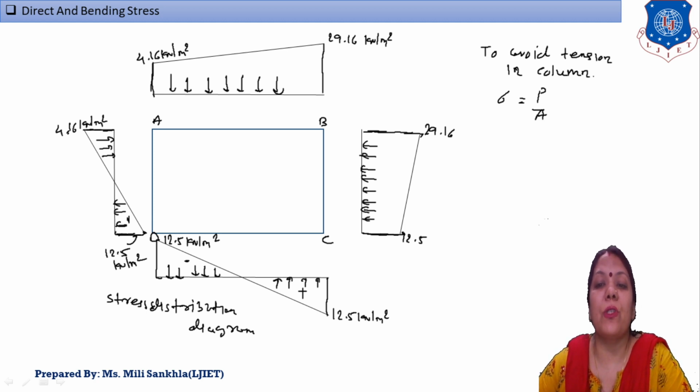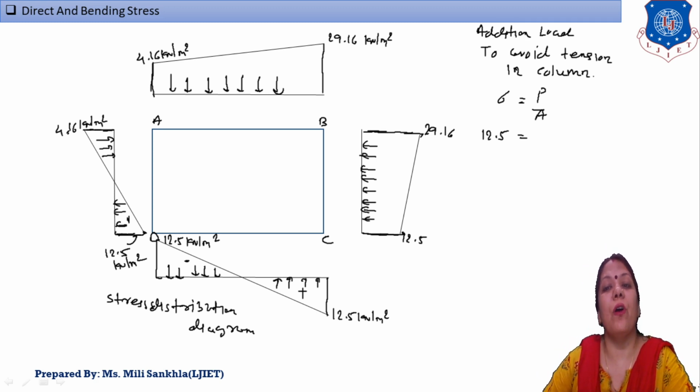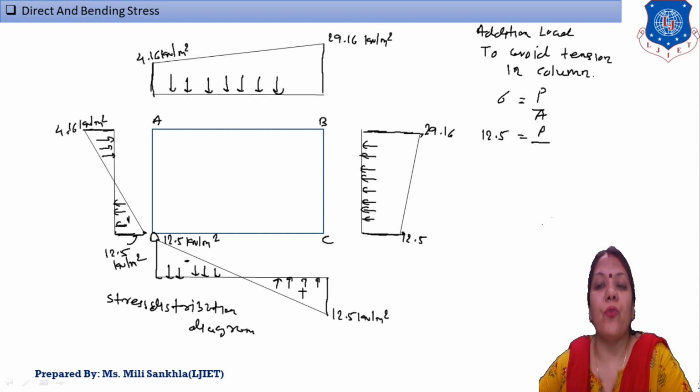Negative stress of 12.5 is given, and here we find the additional load P. A is equal to 4 into 3, the area of this column section, so P is equal to 12.5 into 4 into 3, that means P is equal to 150 kilonewton.